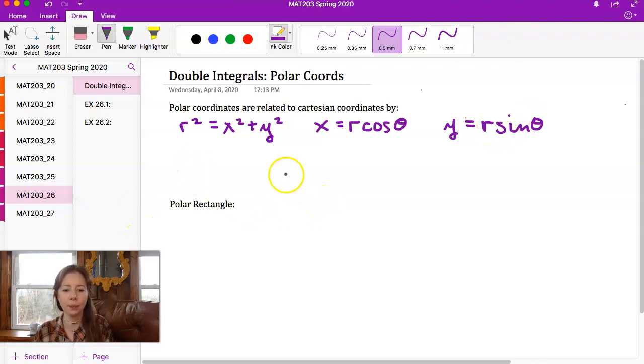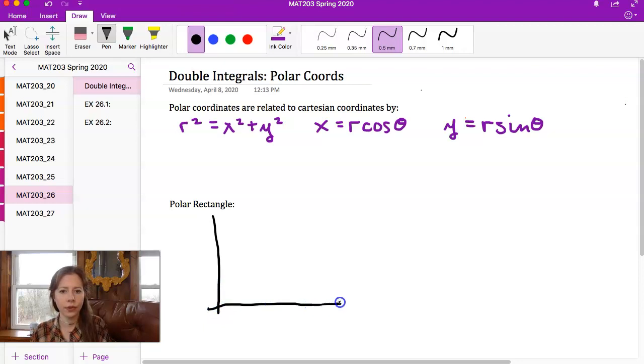So looking at the polar rectangle, let's look at it on y versus x, for example.